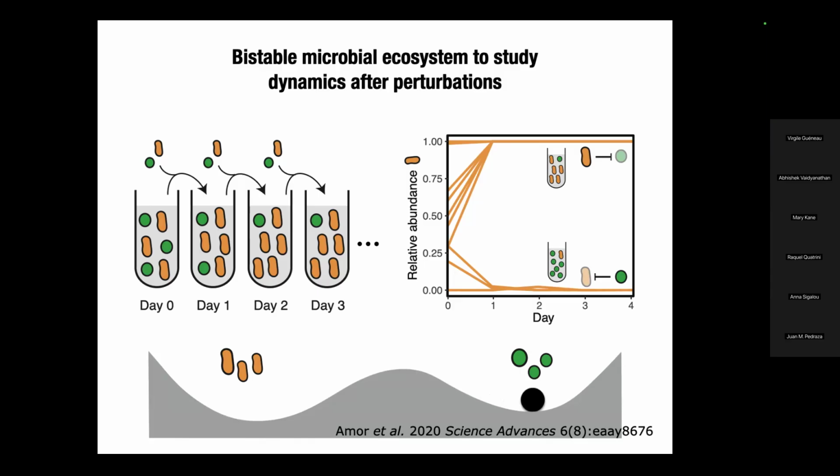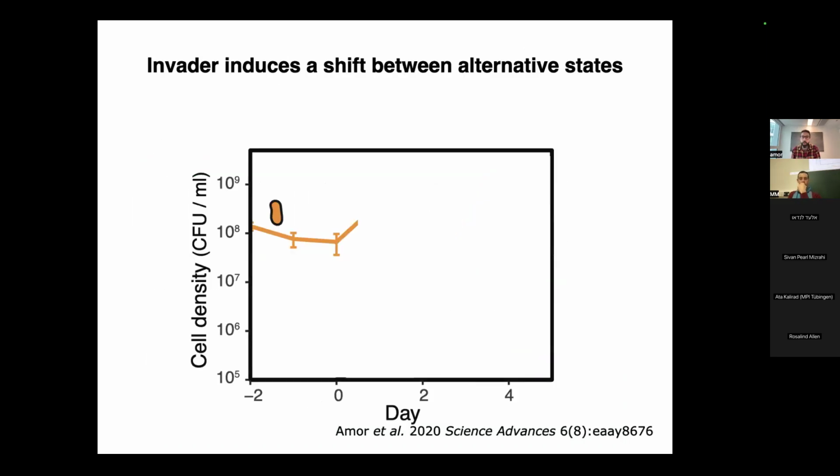One such perturbation that we were interested about was to study how they react to invasions by a third species. And we tried with different invaders having different outcomes, but we found this particular one quite interesting, in which we started our experiment with the orange microbe at a high relative abundance.